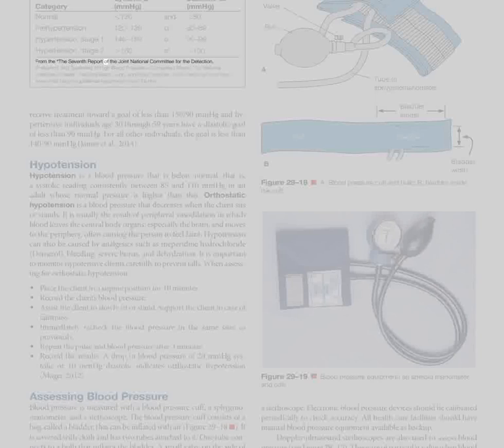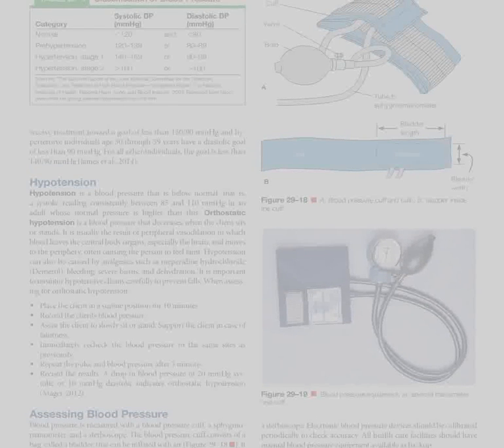From the 7th report of the Joint National Committee for the Detection, Evaluation, and Treatment of High Blood Pressure, complete report by National Institutes of Health, National Heart, Lung, and Blood Institute, 2004. Table 29-4, classification of blood pressure.